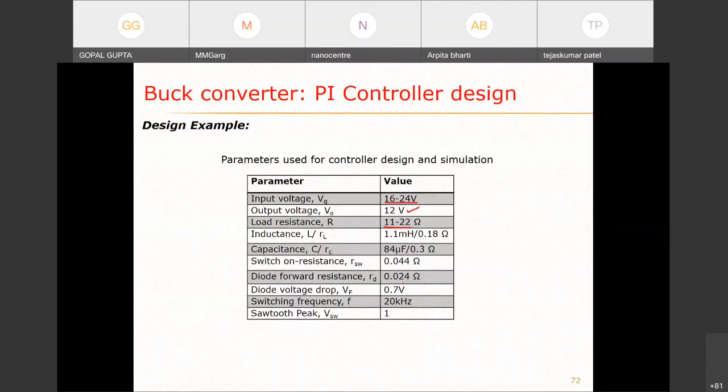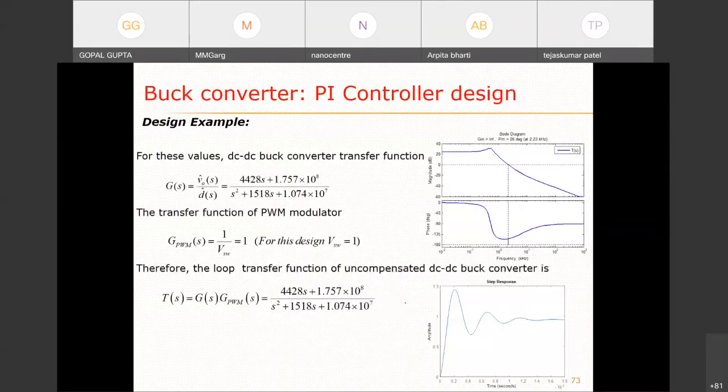Fine. Okay, so let's take some value for the design. So let's say this is the input range. I have taken that my input may vary between 16 to 24. Output voltage should be regulated to 12 volt.